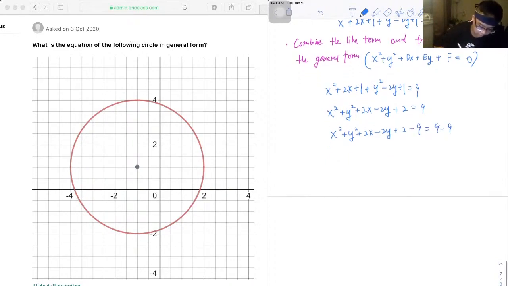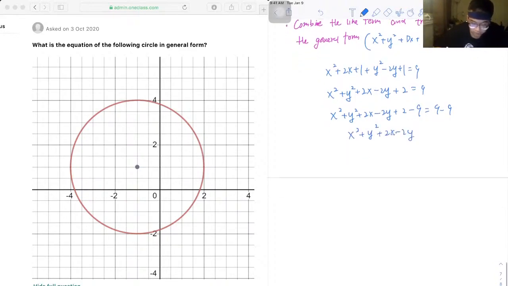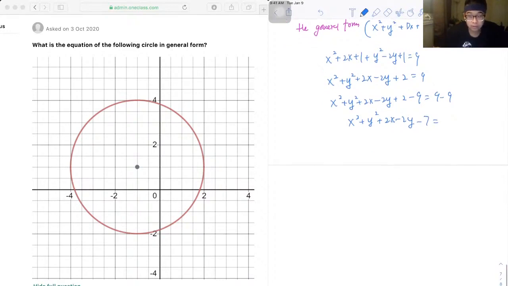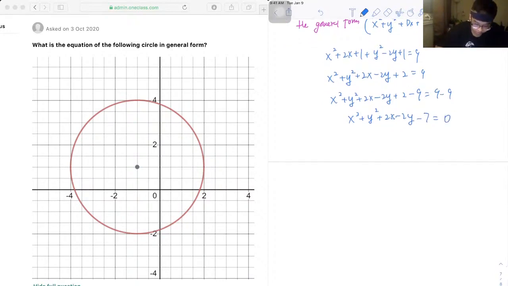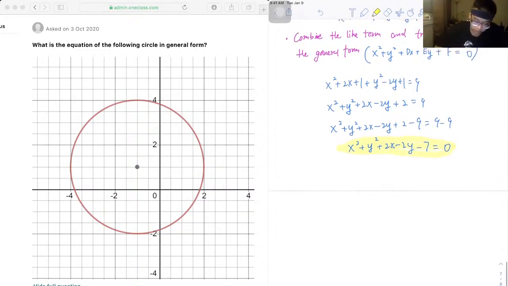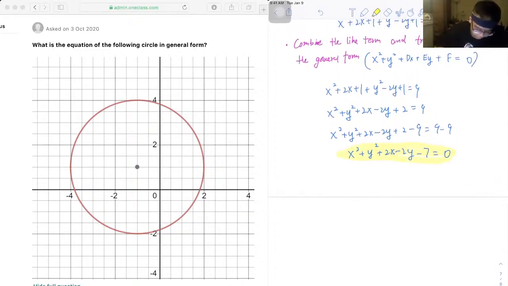Now we get x squared plus y squared plus 2x minus 2y, and plus 2 minus 9 is just minus 7, which is equal to 0. Yep. So now you will see that we have the equation in the general form. So that's all we got for this question.